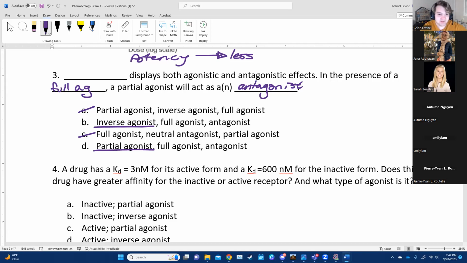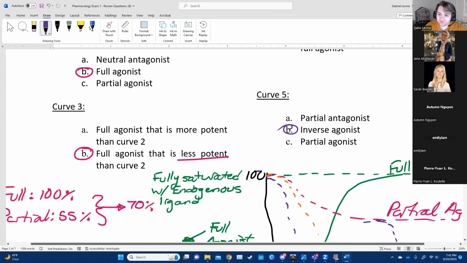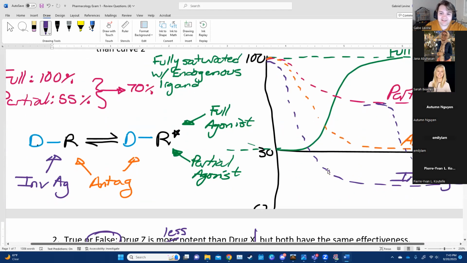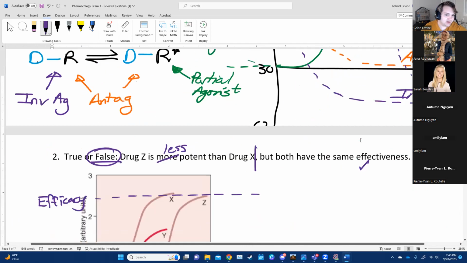That smells bad. It would be partial agonist. The reason for this is based on what we talked about earlier. An inverse agonist only decreases the response of the receptor. An inverse agonist will not increase it. So an inverse agonist will only ever go down. It will not go up, depending on what it is used with.